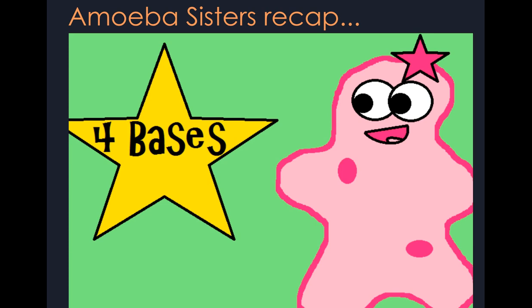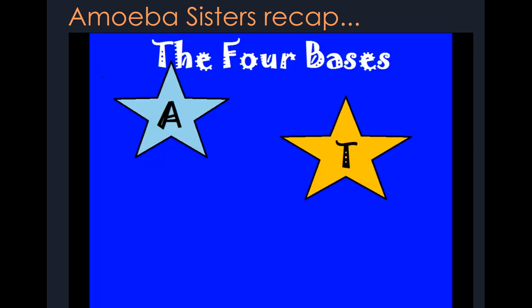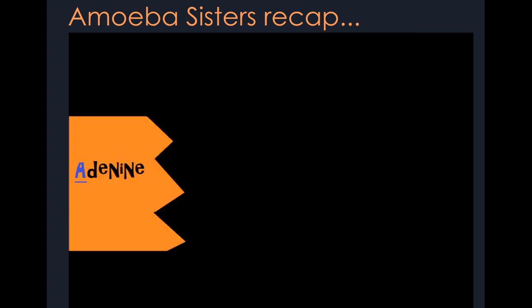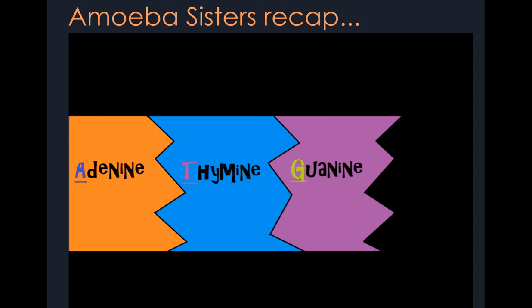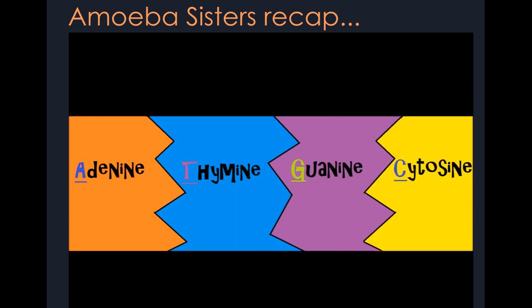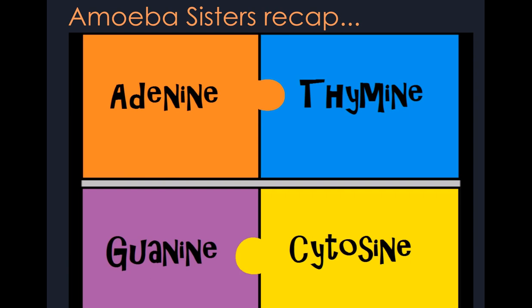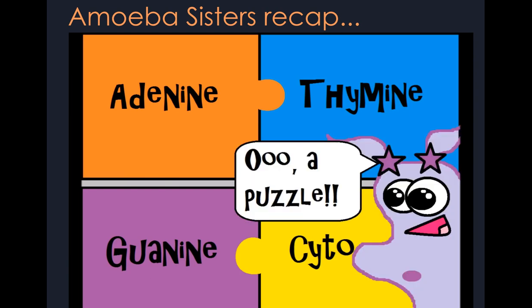There are 4 bases in DNA, and a lot of times they'll just use the initials, A, T, G, and C. The A is for adenine, the T is for thymine, the G is for guanine, and the C is for cytosine. There's a really nice little saying that can help you remember which one goes with which, because these bases actually pair in a correct pattern.